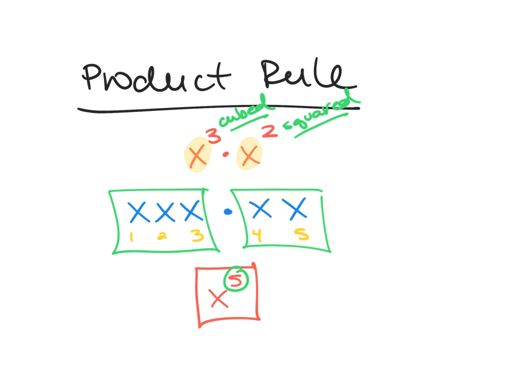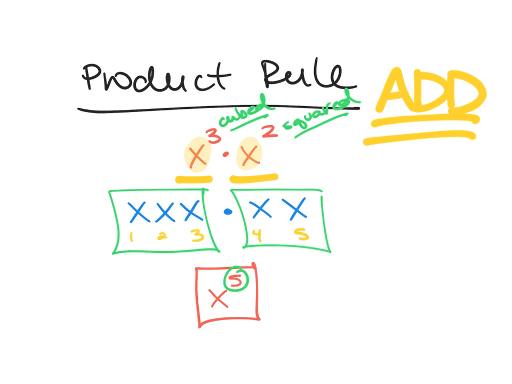You add the powers together. So the product rule is that you add the powers together. And again, this only works if you have the same base. Meaning, if I had y cubed times x squared, there's nothing you can do with that, other than you could rewrite it as x squared y cubed. But you can't do anything with the powers because they don't have the same base.